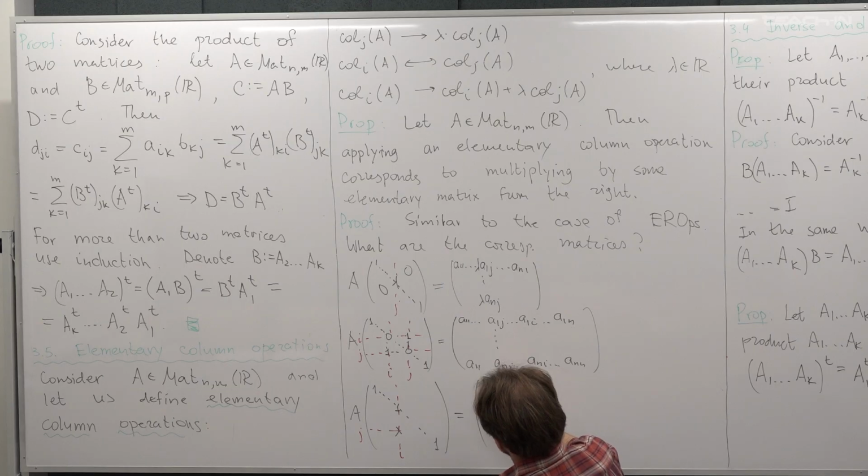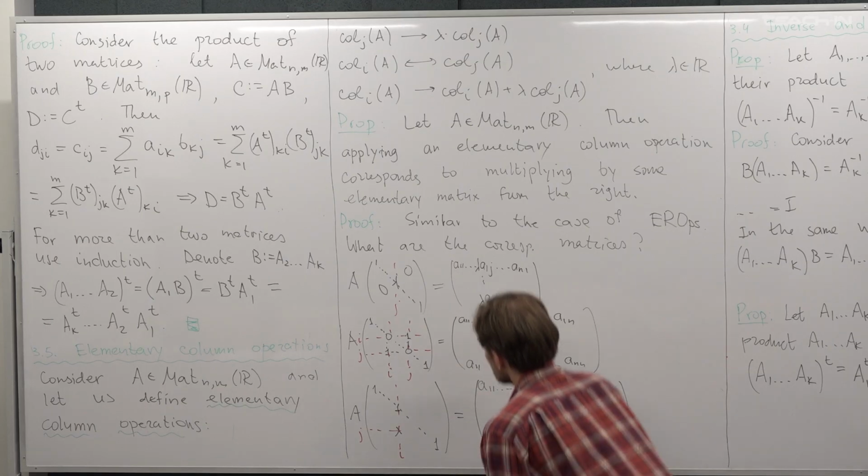So I get A sub 11, etc., A sub 1i plus lambda times A sub 1j, etc., A sub 1n, A sub n1, etc., A sub ni plus lambda times A sub nj, etc., A sub nn. So this is what we get here.